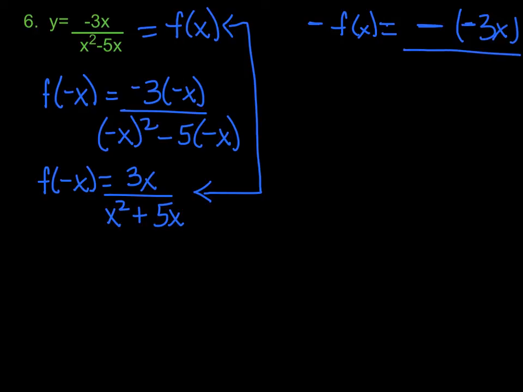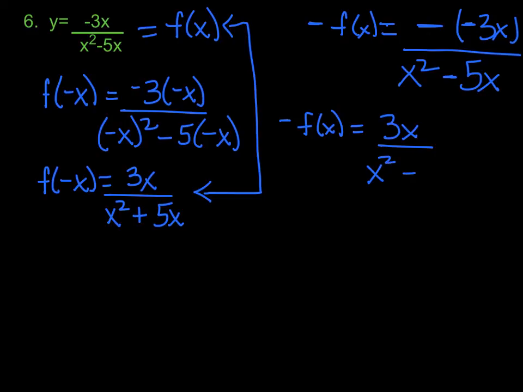And then I'm going to keep the denominator as is, because if I negated the bottom as well, then I'm really multiplying by negative 1 over negative 1, which is positive 1. Okay. So now in the numerator, I'm going to get 3x, and in the denominator, I'm going to get x squared minus 5x.